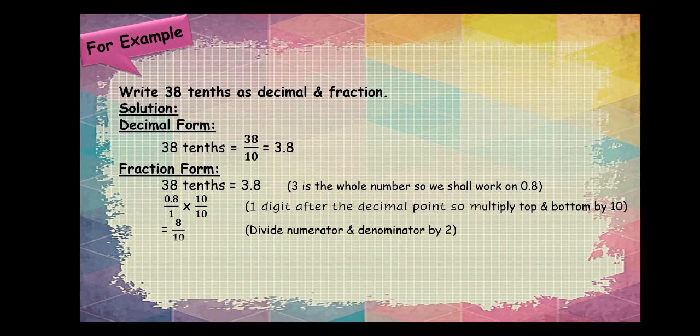After multiplication we get 8 divided by 10. And after simplification we get 4 by 5, because we can divide 8 and 10 both by 2. So 3.8 will be 3 whole 4 upon 5 in fraction form.